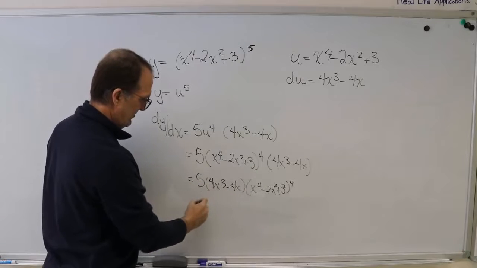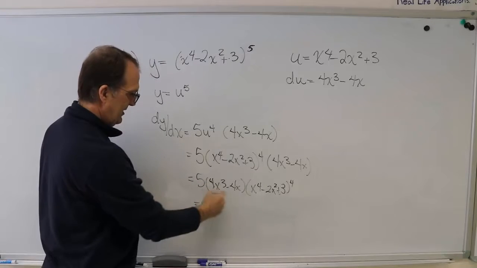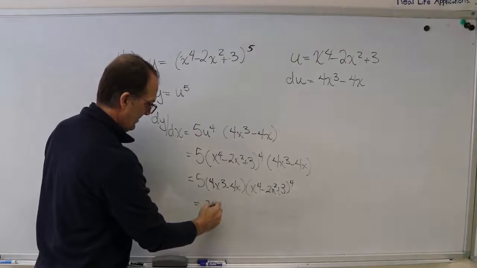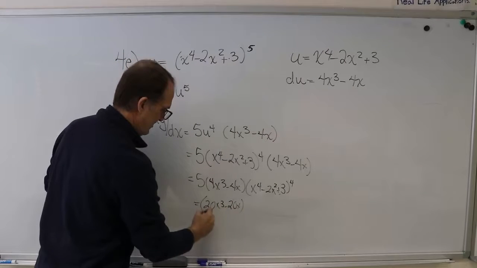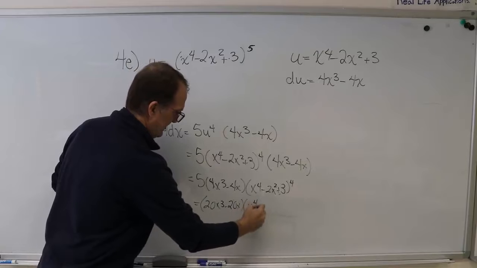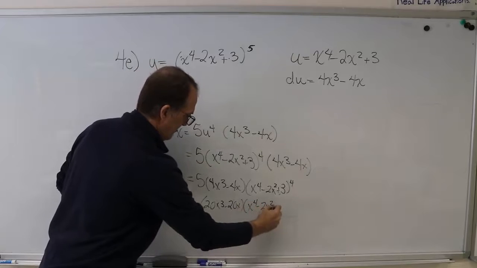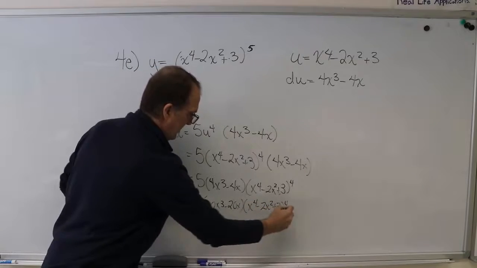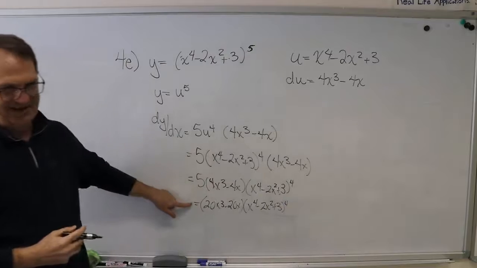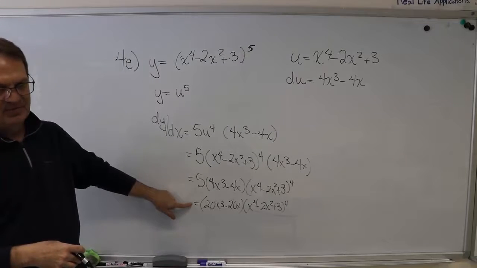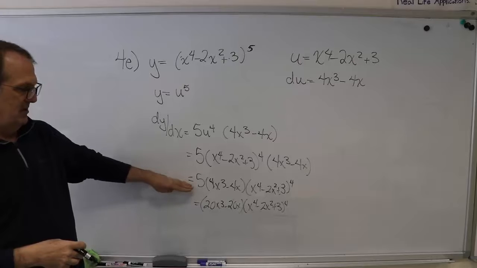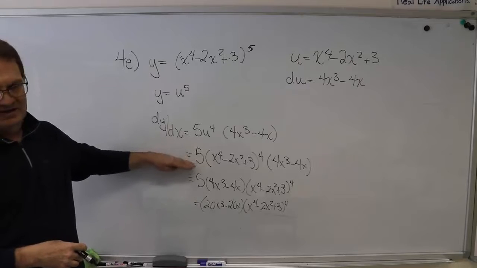The only thing I could do is multiply this and say it's 20x cubed minus 20x, and then the rest of it. But really, that step hasn't done a whole lot to make it any better. And so that's why leaving it here or even here is reasonable.